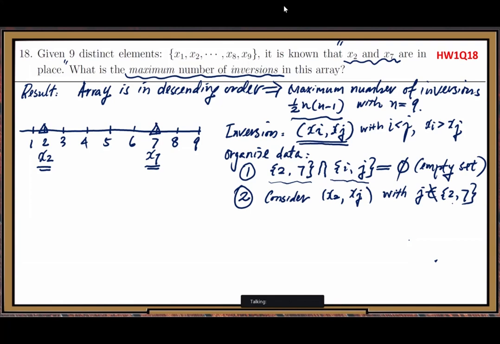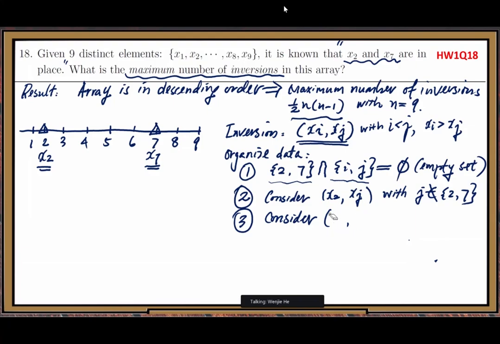Then category number 3: consider x7 and xj. So here the order is x7, xj.